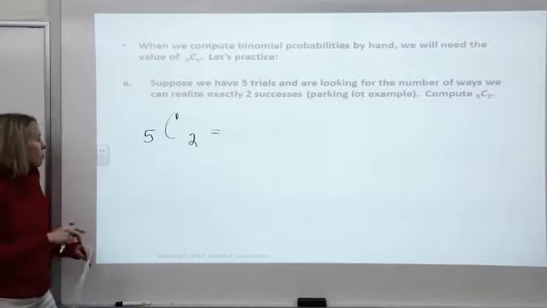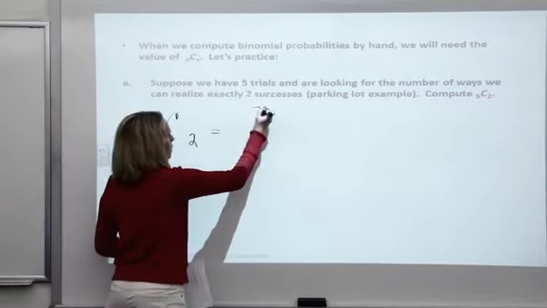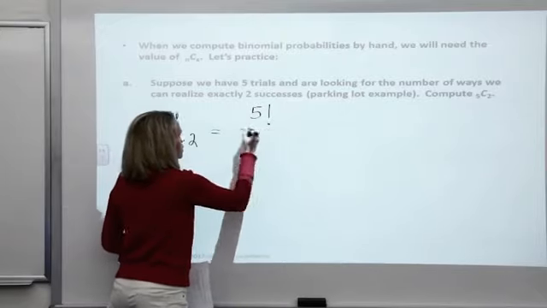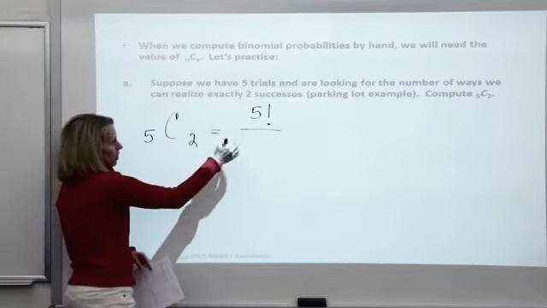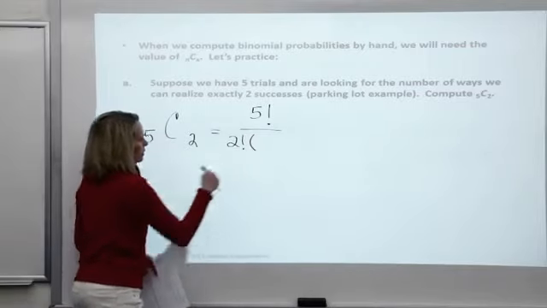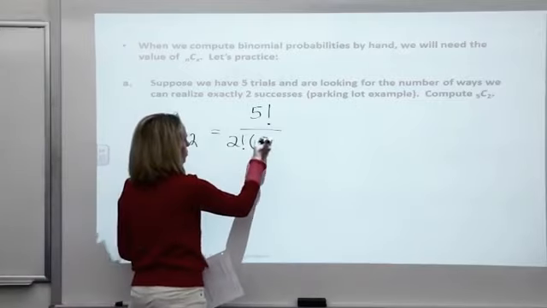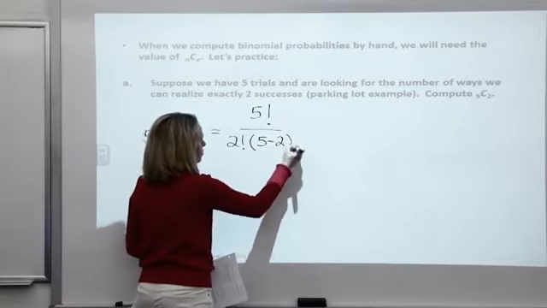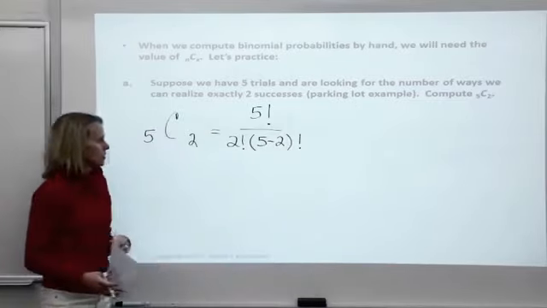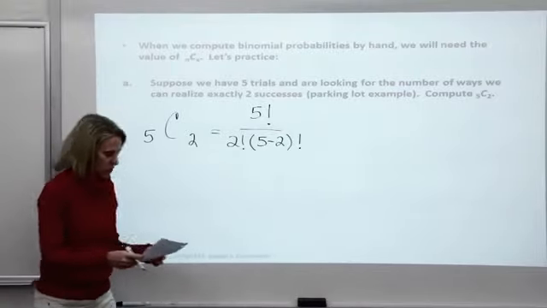If I think about that formula, it said to put n factorial on the top, x factorial on the bottom, and then also in the denominator, we take n minus x factorial, so 5 minus 2 factorial. Just like in algebra class, you do what's in the parentheses first.